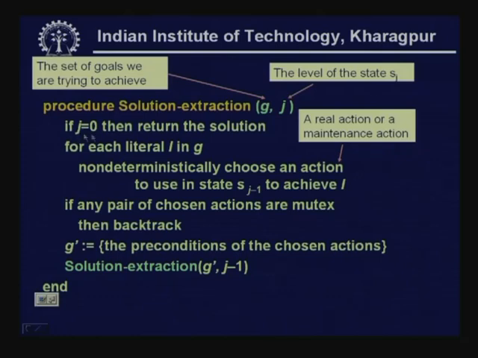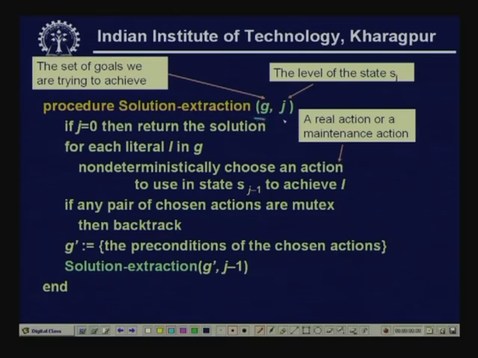So, to repeat, for solution extraction in GraphPlan, G is the set of goals that we need to achieve and j is the level of the current state Sj. If j is 0, that is, we have reached the initial state, we return the solution. Otherwise, for each literal l in G, that is, each proposition which occurs in the current goal, we non-deterministically choose an action in the previous state, j minus 1, that achieves l.